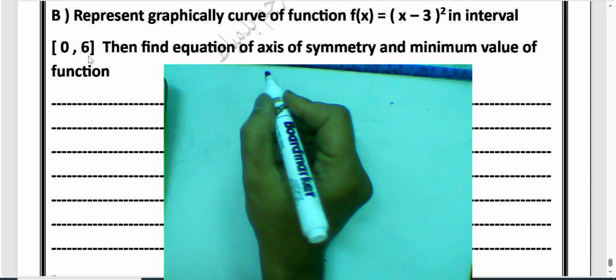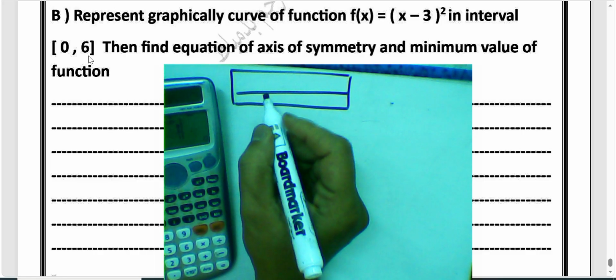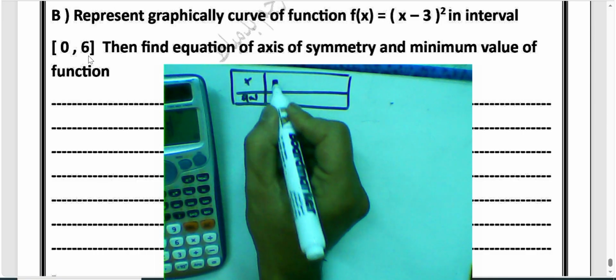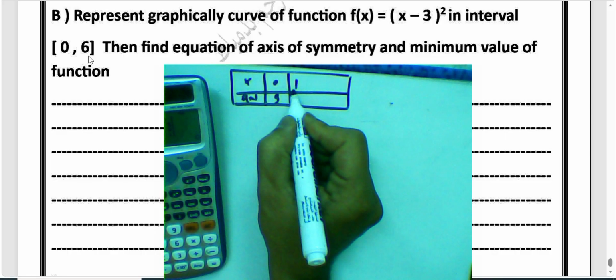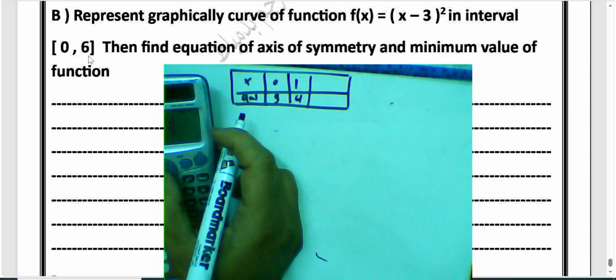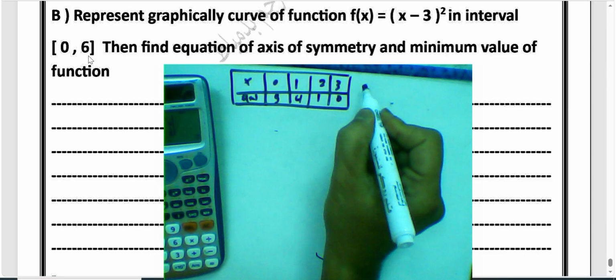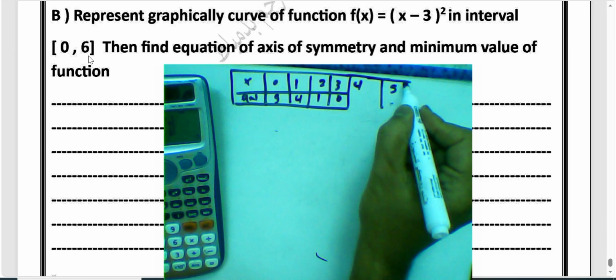So I will draw the table here, containing all the information, x and f of x. We have 0 and the image is 9, when 1 with 4, and 2 with 1, and 3 with 0, and 4, and 5, and 6.